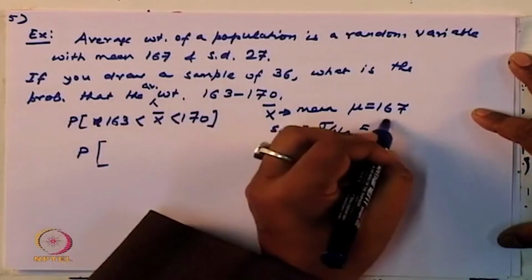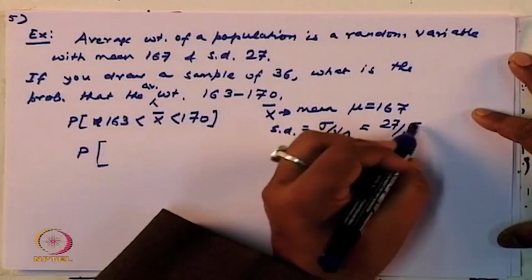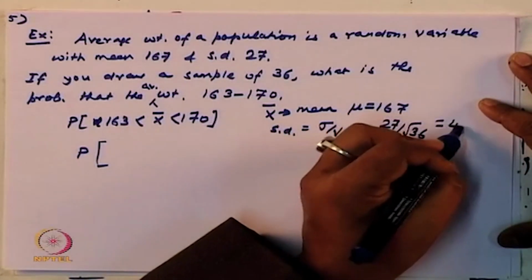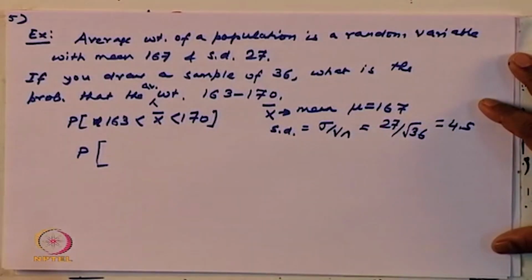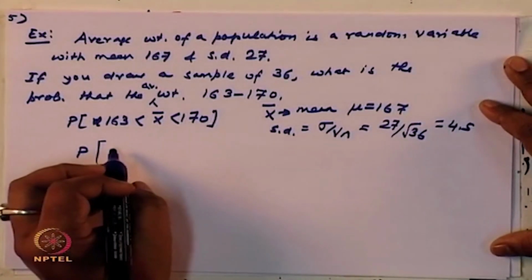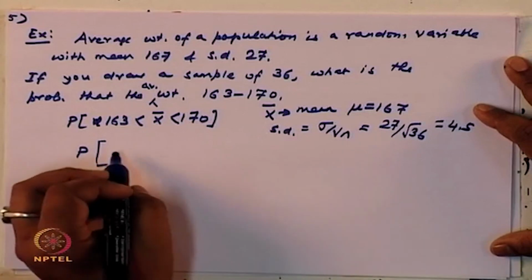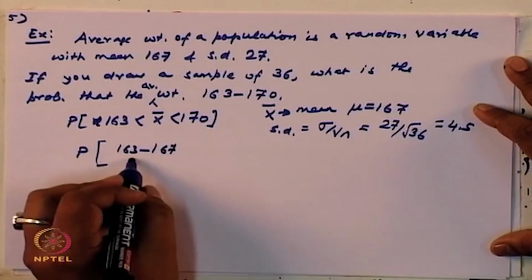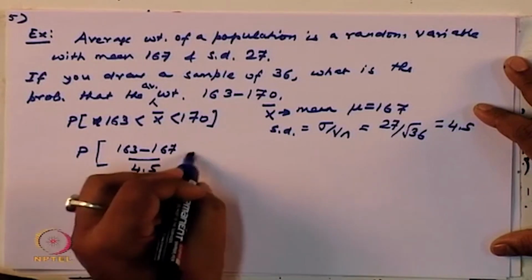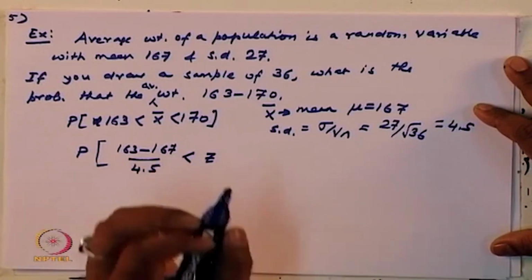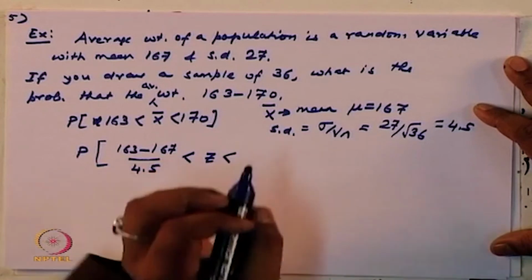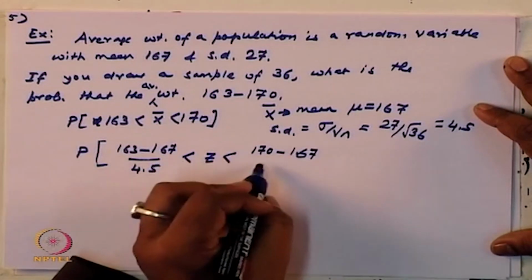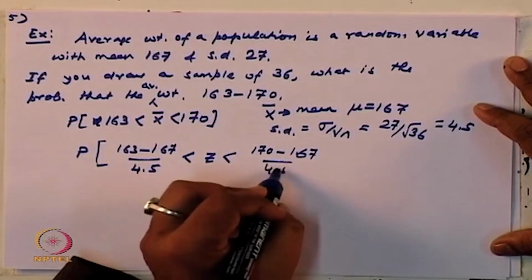So, sigma is 27 by root of 36, which comes to 4.5. Then I can convert this into a standard normal variable. So, this is nothing but (163 minus mu, which is 167) by 4.5, less than z, your standard normal variable, less than (170 minus 167) by 4.5.